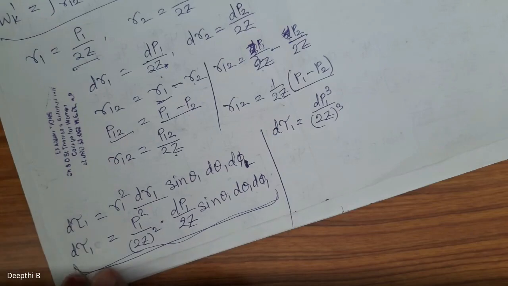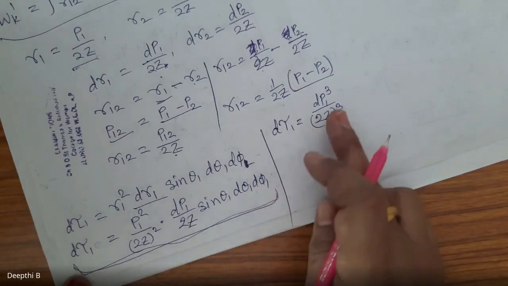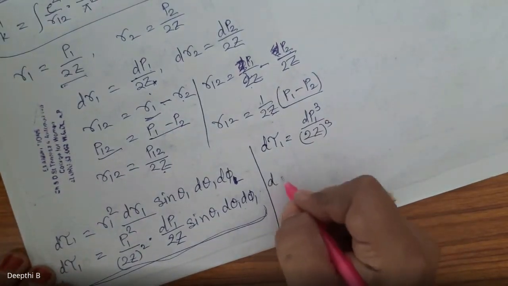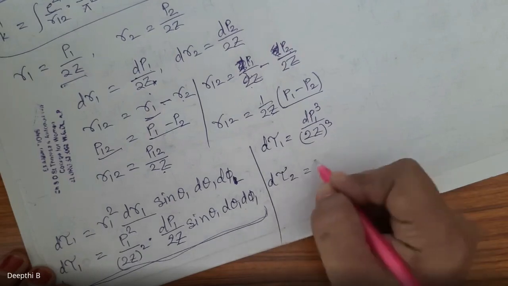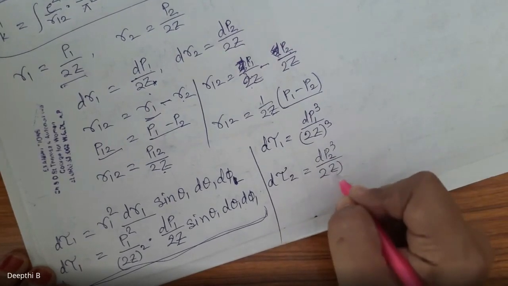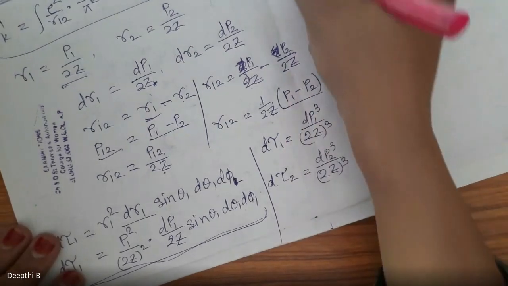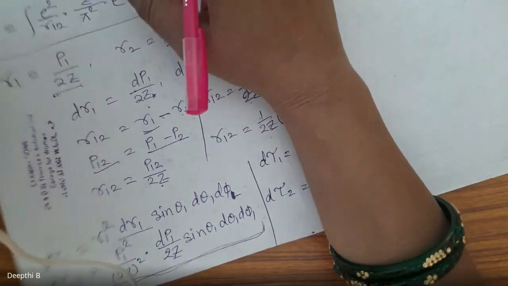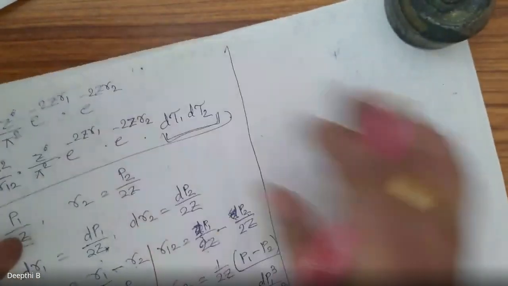You have to remember this equation directly: dτ1 is equal to dp1 cube by 2Z cube. Like this, dτ2 I am also writing directly as dp2 cube by 2Z cube. Now you have to put all the terms in the equation.